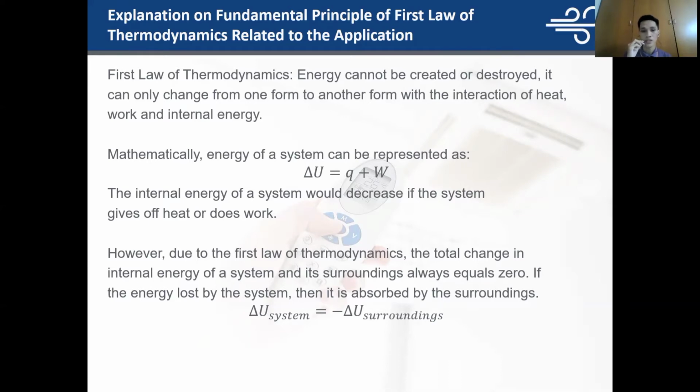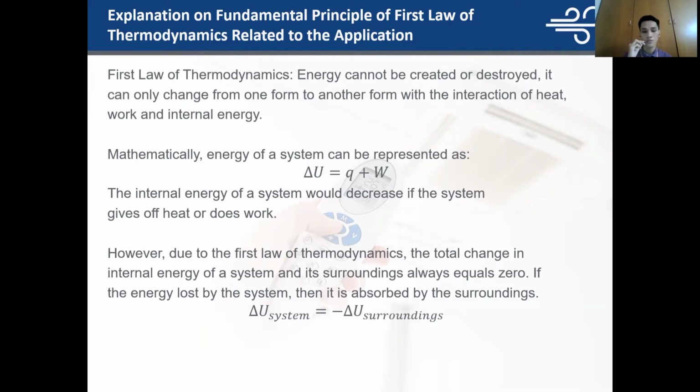The internal energy of a system will decrease if the system gives off heat or does work, and vice versa. However, due to the first law of thermodynamics, the total change in internal energy of a system and its surrounding always equals zero.